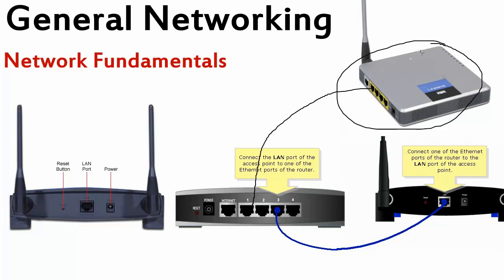Even though this is a router, it can work as an access point. Be very careful, you will have to disable a few things on it, for instance the DHCP server. We'll talk about it. I have a demo prepared for you. You will see that in action later on. Yes, it is possible to use a router with an access point to give you wireless connections.